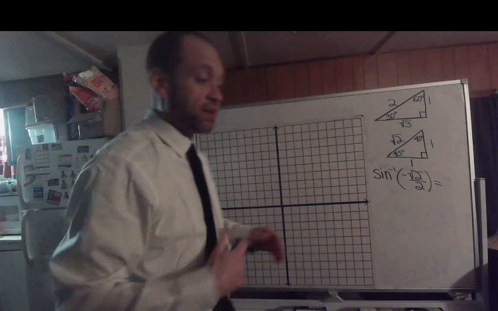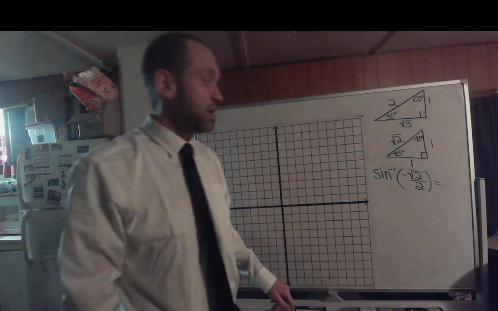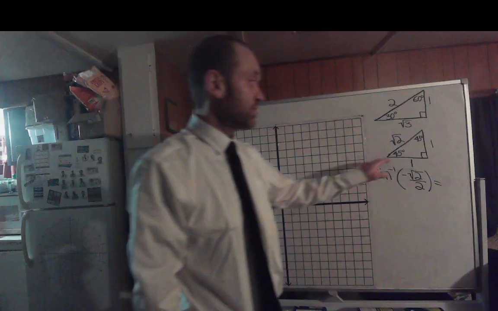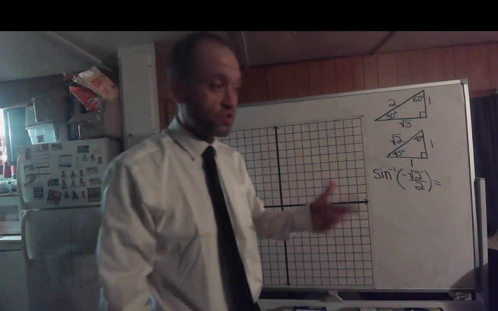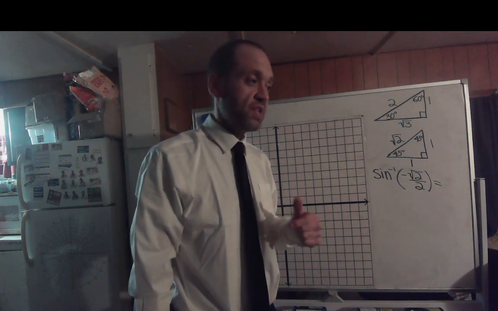Okay, different one. This time we're finding the inverse sine of negative square root of 2 over 2. So this is asking the sine of what angle gives us negative square root of 2 over 2. Again, look at your 45, 45, 90 right triangle. The sine of 45 is 1 over the square root of 2, which is the square root of 2 over 2. But what's the range of the inverse sine function?